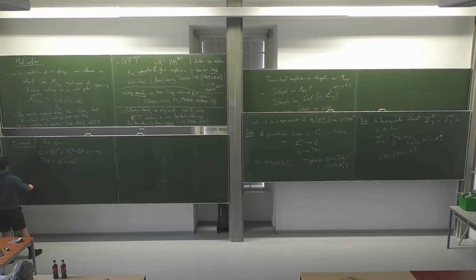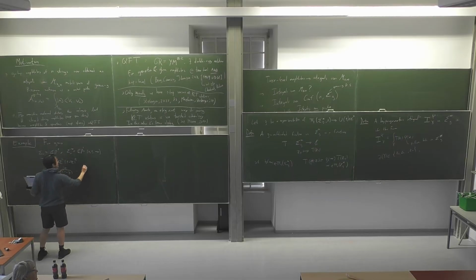I also have to tell you what the one-form I'm integrating looks like. It looks like dz over z times (1 minus z). Note that it has poles at z equals 0 and z equals 1, but it's holomorphic on the punctured sphere.